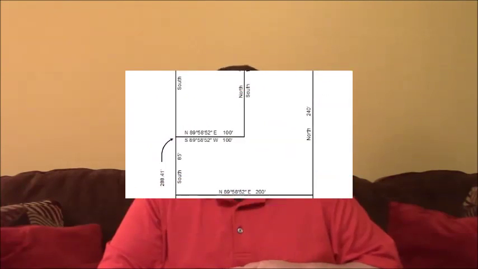You see the beginning point for the original description is in the southeast corner, but the new description begins further along, in the middle of the west line of the original parcel.